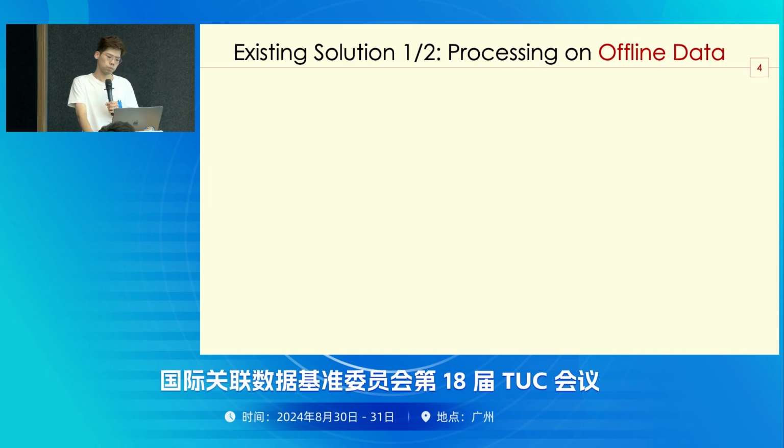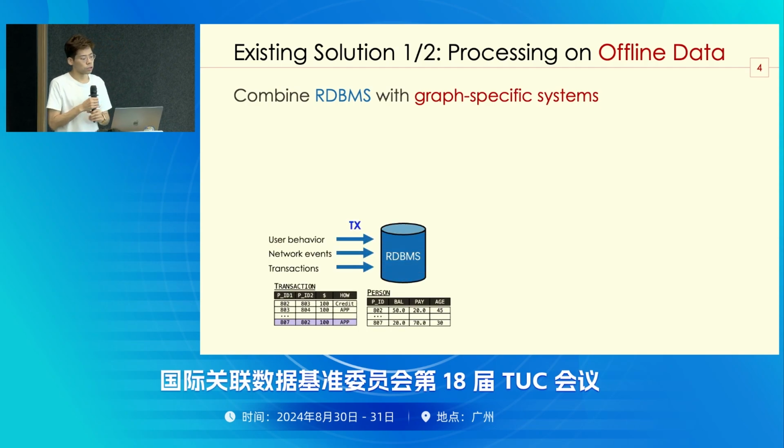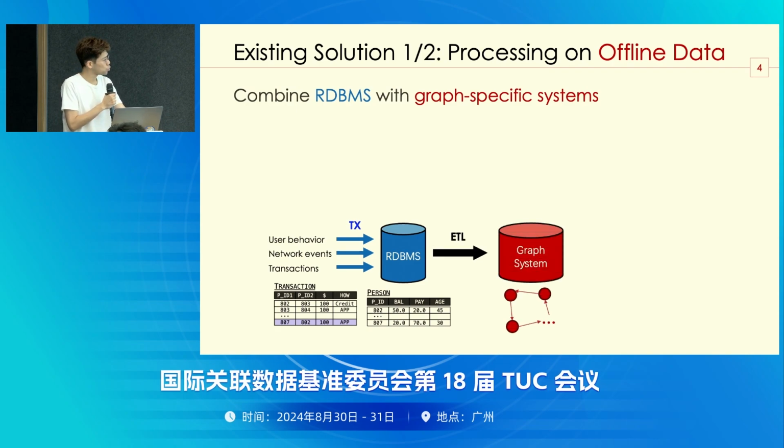The first solution to process online graph computation is to process the data offline. This approach needs to combine RDBMS systems with graph systems. First, users commit the data by transactions on the RDBMS, and then launch an ETL process to transfer the relational data from the RDBMS to graph systems.